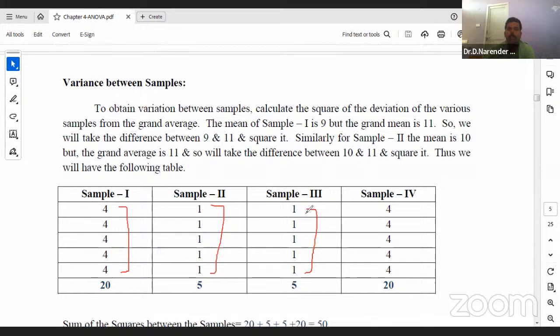The next one is 13. The mean is 13 and the grand mean is 11. 13 minus 11 is 2. 2 square is 4, five times. Then simply do these totals. Total is 20, 5, 5, and again 20.